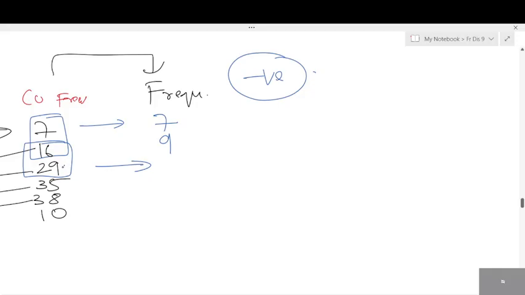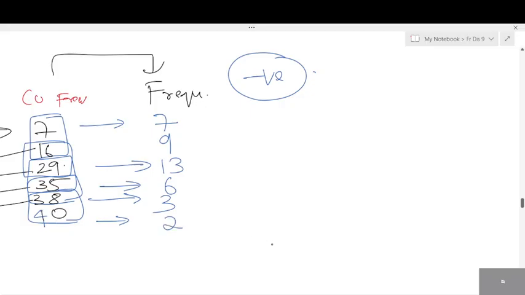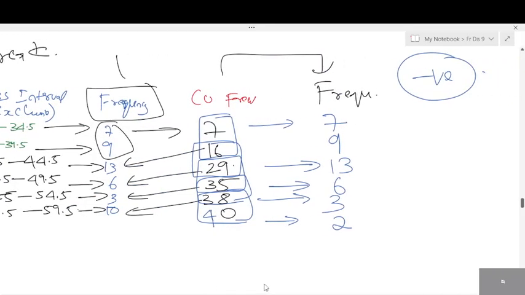Yes. 29 minus 16, what do you get? 13. 35 minus 29, 6. 38 minus 35, 3. Next, 48. 48 is last.